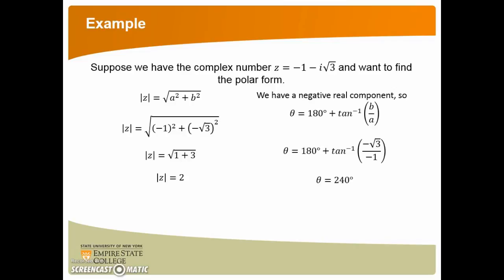Doing the calculations, we find that theta is 240 degrees. So the complex number -1 minus i times the square root of 3, when written in polar form, is 2 times the quantity, the cosine of 240 degrees, plus i times the sine of 240 degrees.